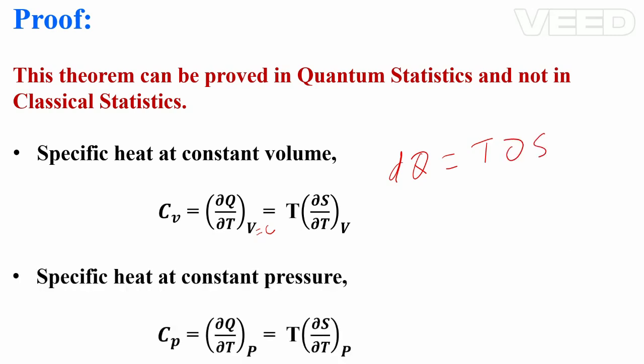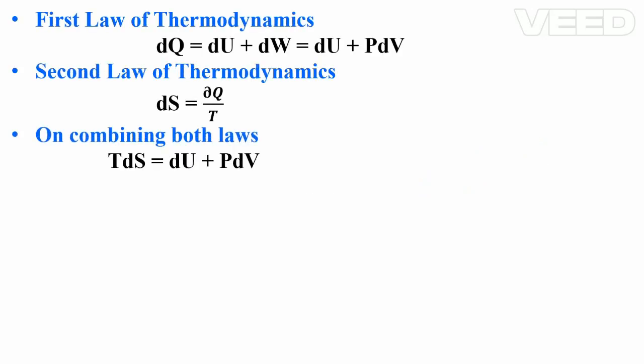Similarly, specific heat at constant pressure, denoted by Cp, is equal to dQ upon dT at constant pressure, and this dQ is equal to T dS. The first law of thermodynamics states that dQ is equal to dU plus dW, and this dW is equal to P dV. dQ is heat supplied to the body, dU is the change in internal energy, and dW is the work done on or by the system.